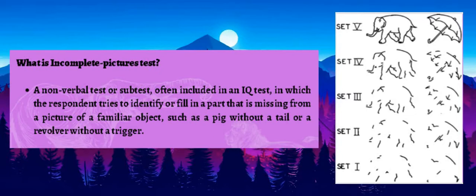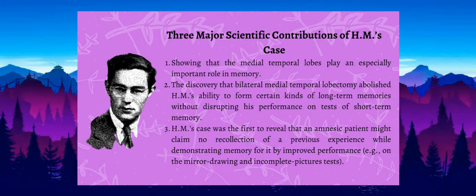So, for the next slide, we have lesson 11.2, in which we have the objective to describe three major scientific contributions of HM's case. HM's case is a story of personal tragedy, but his contributions to the study of the neural basis of memory were immense.